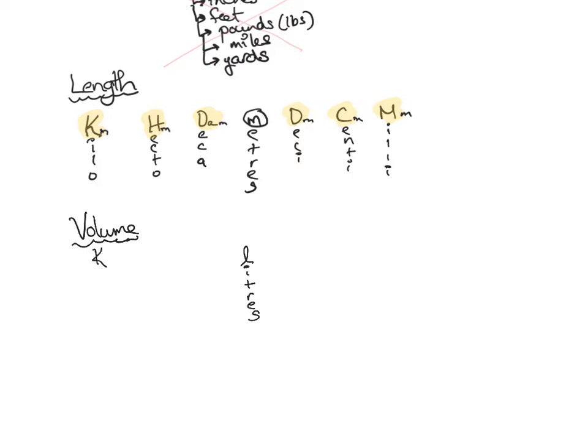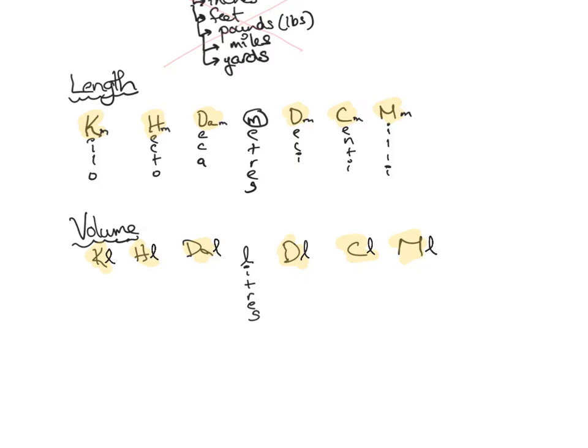So K, H, D, A, D, C, and M. But in this case, you have all of those that are the same, but they're going to now go with liters. So in this case, now you'd have L. Kiloliters, hectoliters, decaliters, liters, deciliters, centiliters, and milliliters.